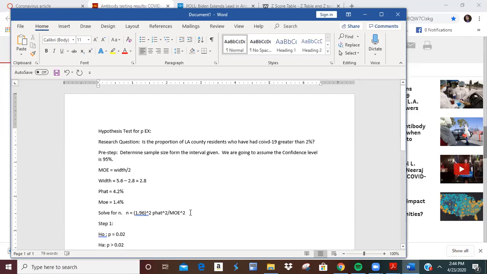So if we put everything into this formula, we get 1.96 squared times our p hat value as a decimal, 0.042 quantity squared, divided by our margin of error as a decimal squared.